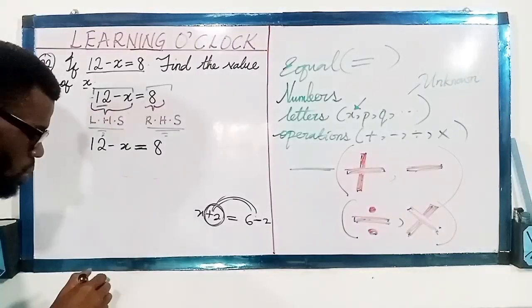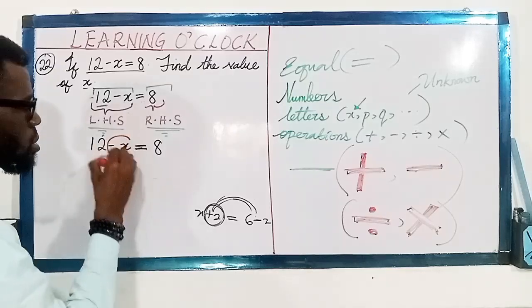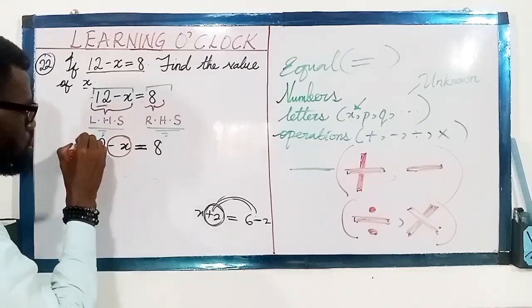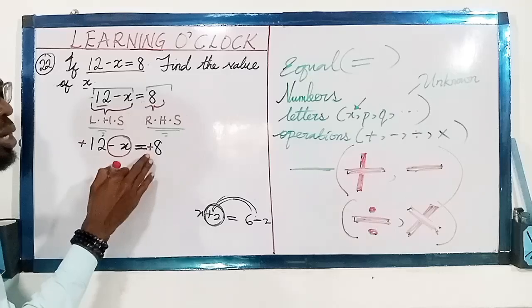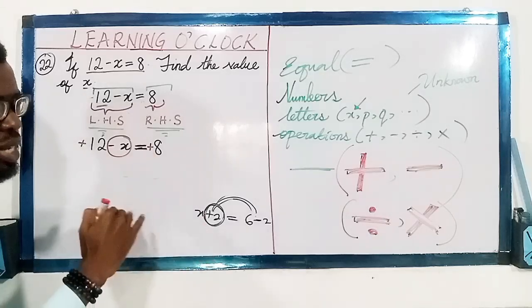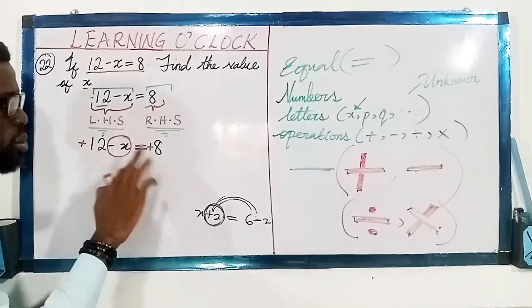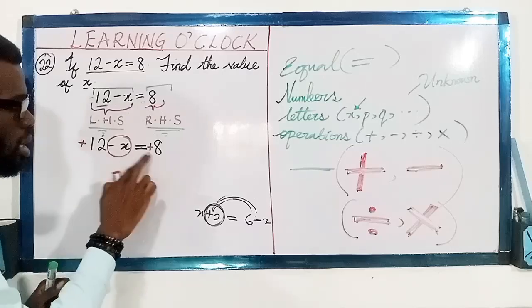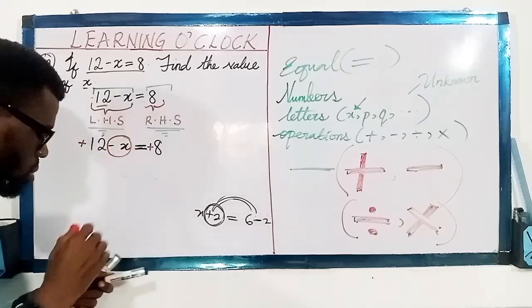So here we have minus x, you have plus 12, and you have plus 8. For positive numbers, you can indicate the positive sign or not, but ideally you don't necessarily have to indicate the sign when it's positive, since you already know it's a positive number.